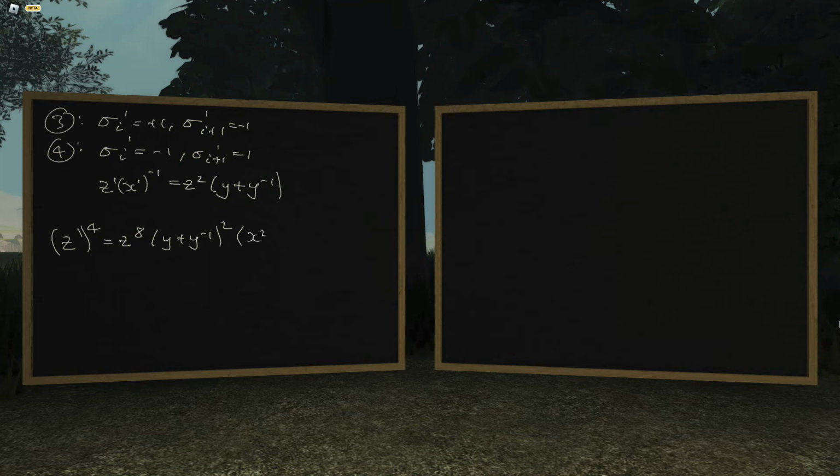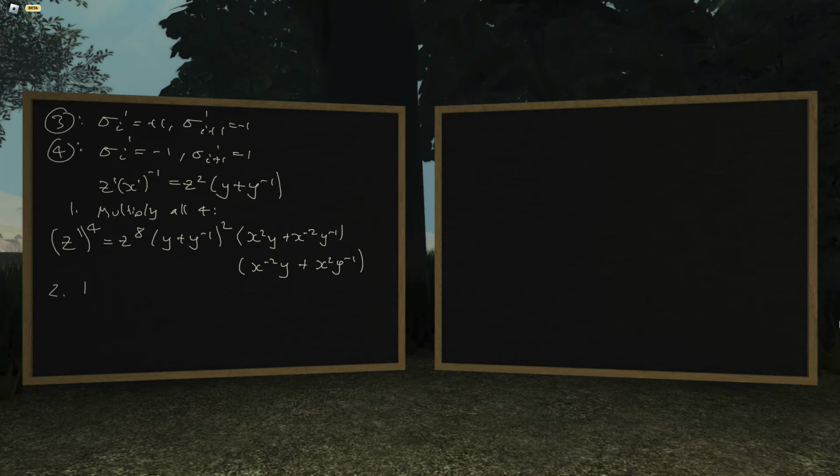I'm sorry. x squared y, x to the -2, y to the -1, x to the -2 y plus x squared y minus 1. So this is multiplying all 4 together.